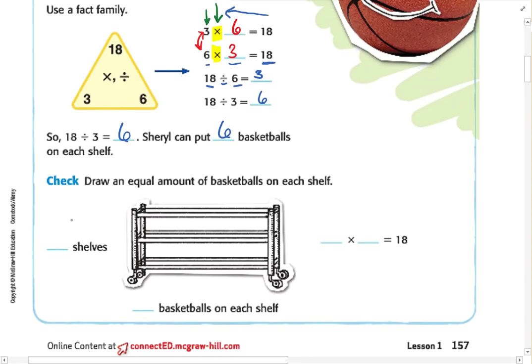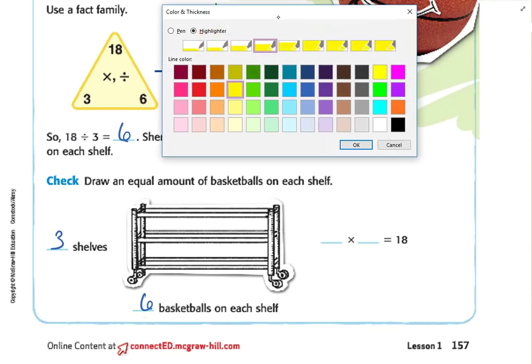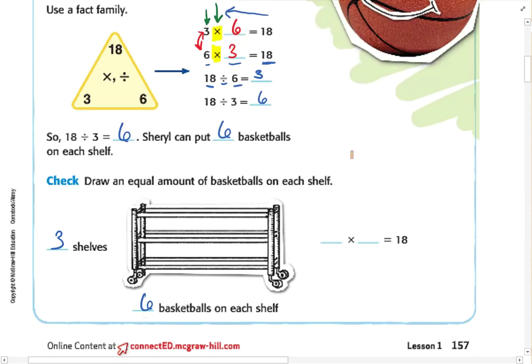So if I say I have 3 shelves and I can put 6 basketballs on each shelf, if I were to draw that out, let's add orange basketballs to this. I can put 6 basketballs: 1, 2, 3, 4, 5, 6.